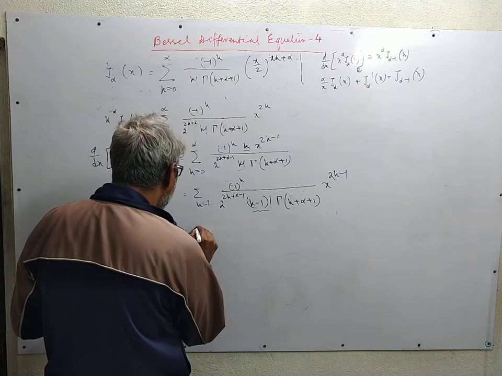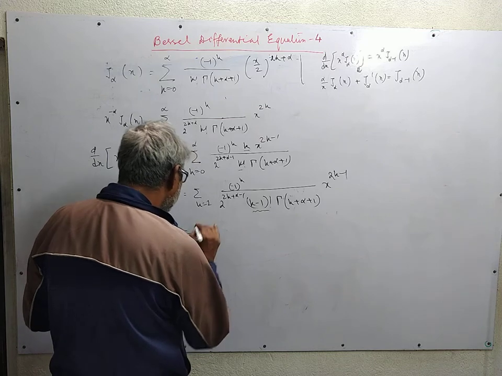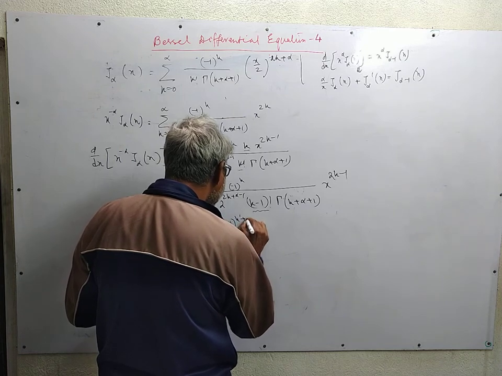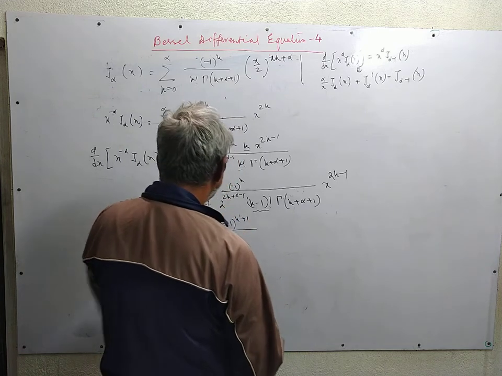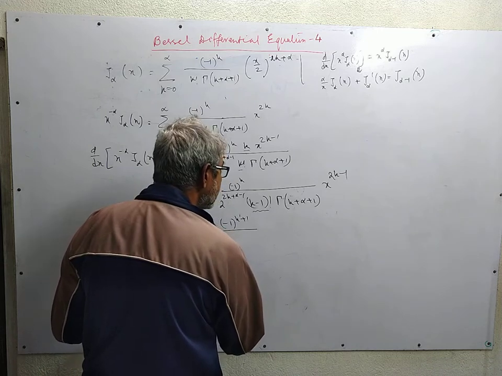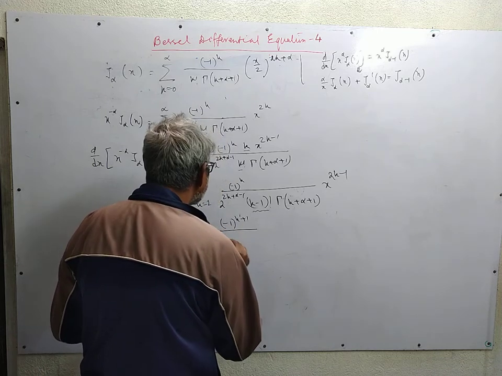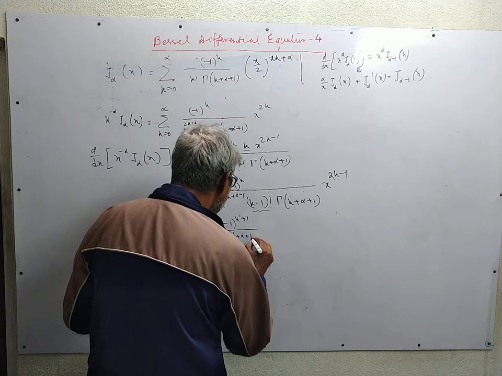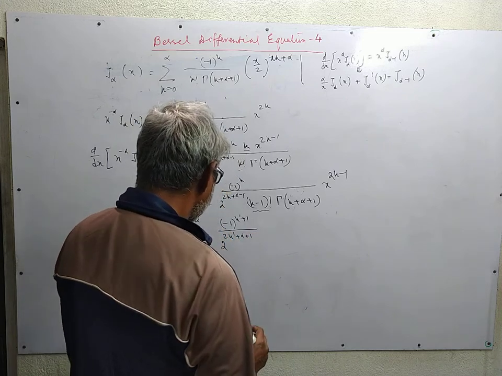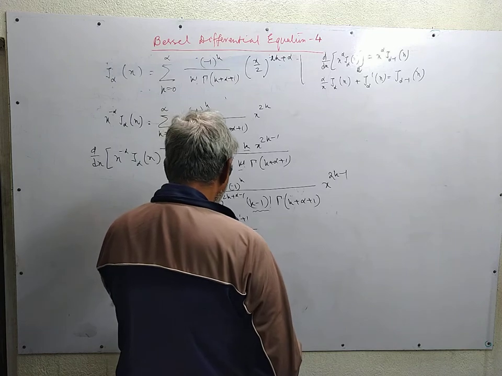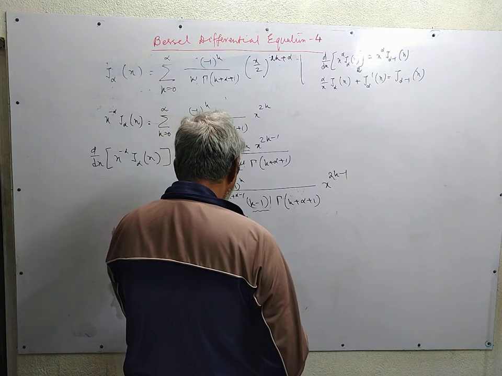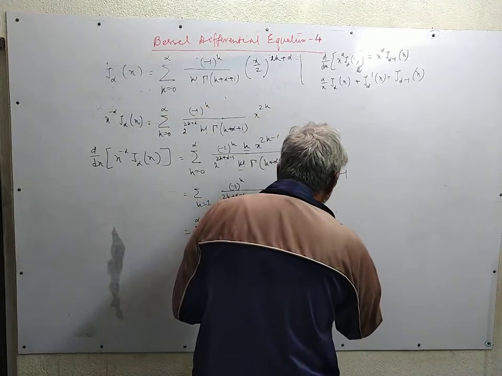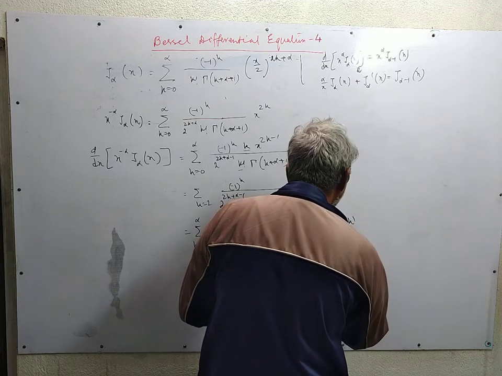We rewrite this as k prime equal to 0 to infinity. We introduced k minus 1 equal to k prime, so k is k prime plus 1.